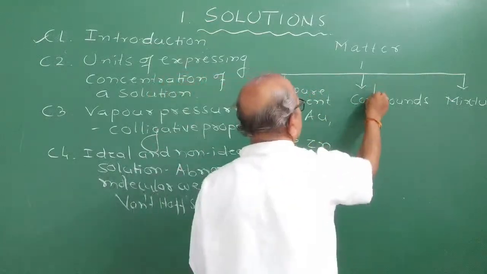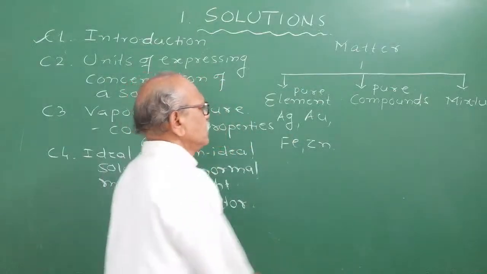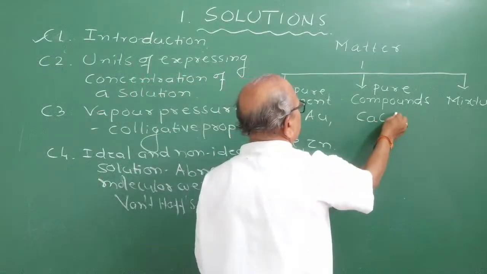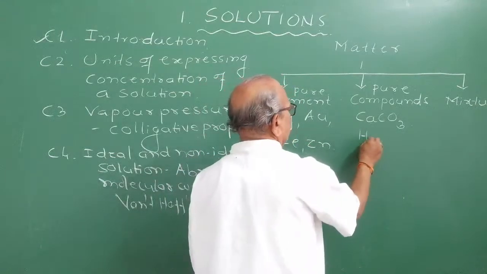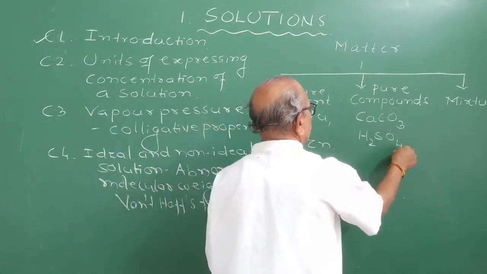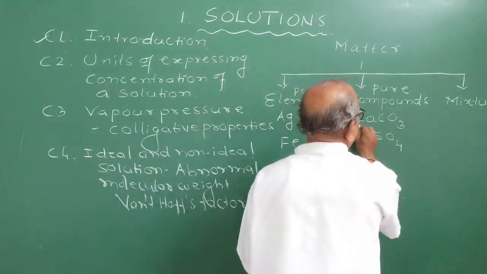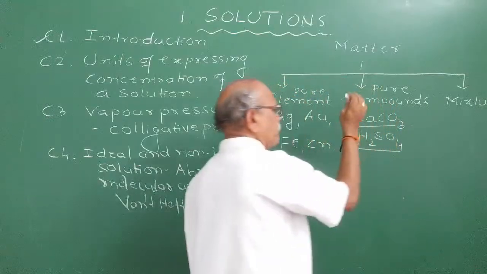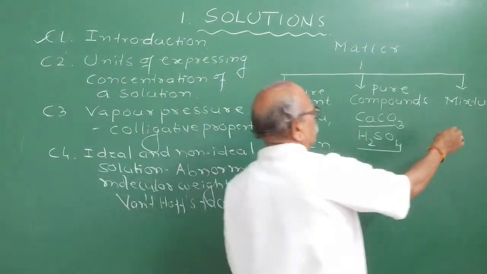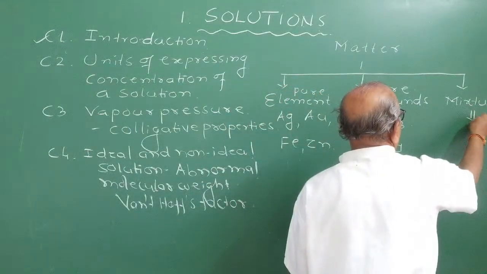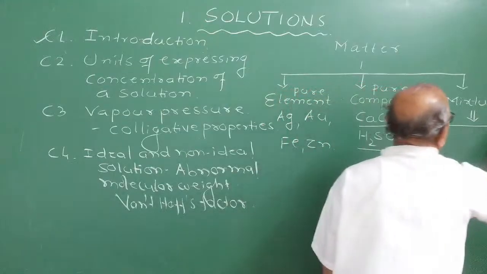Even compounds are also pure substances, their composition is also different. Like if you take calcium carbonate, CaCO3, if you take sulfuric acid, H2SO4, they are pure substances. They contain only one substance. Generally, elements in it are combined in a definite proportion by mass. And the mixtures are those where two or more substances are mixed in any ratio.